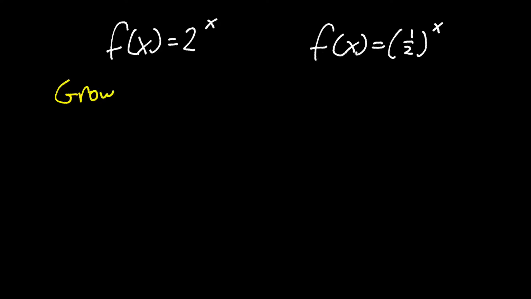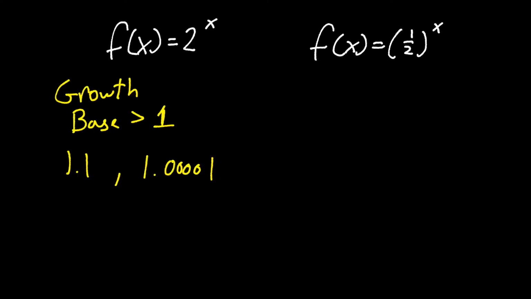Growth: base greater than 1. It can't be exactly 1, it has to be bigger than 1. So it could be 1.1, it could be 1.00001. As long as it is bigger than 1, it is going to model a growth function, meaning it's going to get bigger over time.